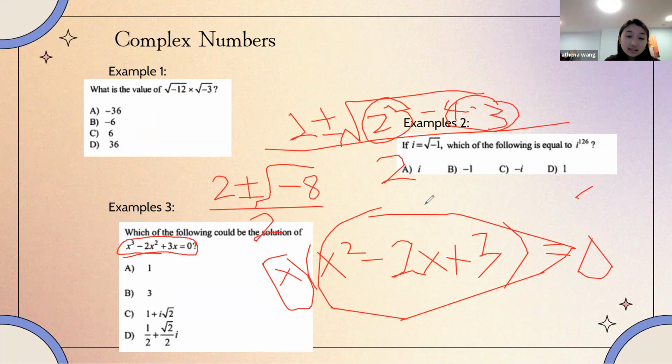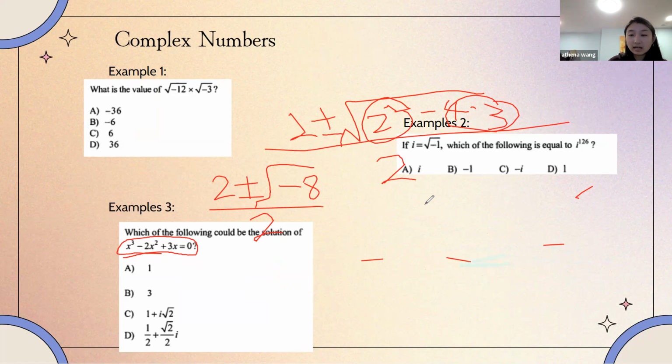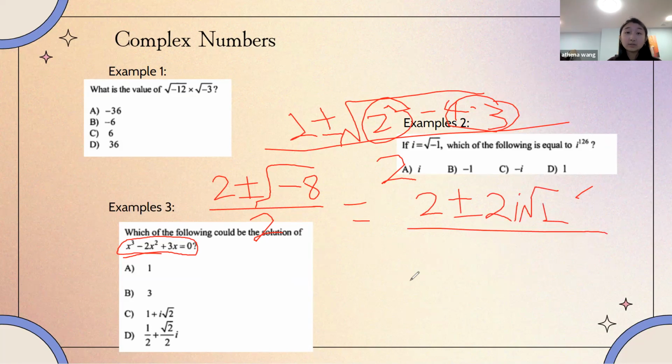And this is basically, if we write it with i, 2 plus or minus i times root 8, because we know that i equals the square root of -1.